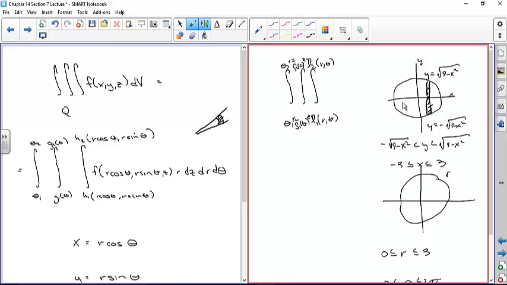If you wanted to do it in terms of polar coordinates, which is part of cylindrical coordinates, you'd have the radius go from 0 to 3, and you'd have the angle go from 0 to 2 pi.